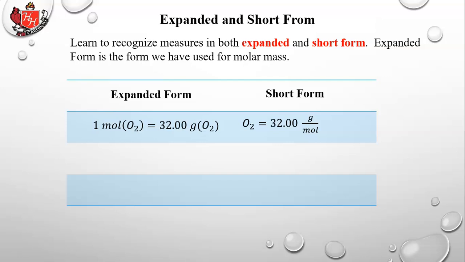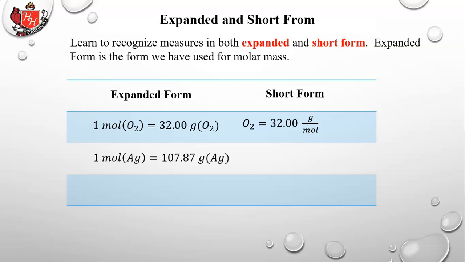What you're really saying is 32 grams of O2 for every 1 mole of O2. And you can flip that ratio. You could set up the ratio 1 mole of O2 over 32 grams of O2 or 32 grams of O2 over 1 mole of O2. But just recognize that what you're seeing in the short form is the way it might appear in a chemistry problem. So you should know what to do with that.